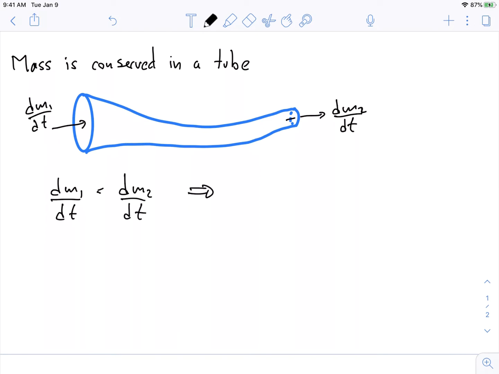Using our idea of fluid flow, we can rewrite this equation in terms of different variables.